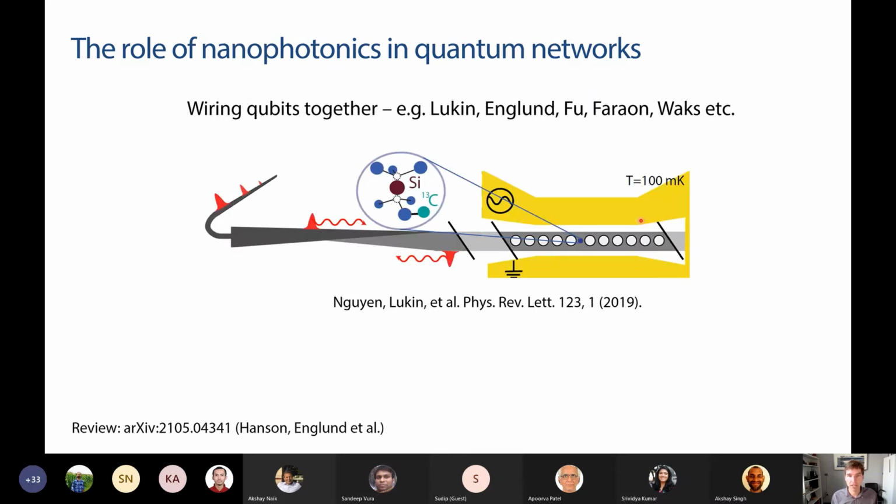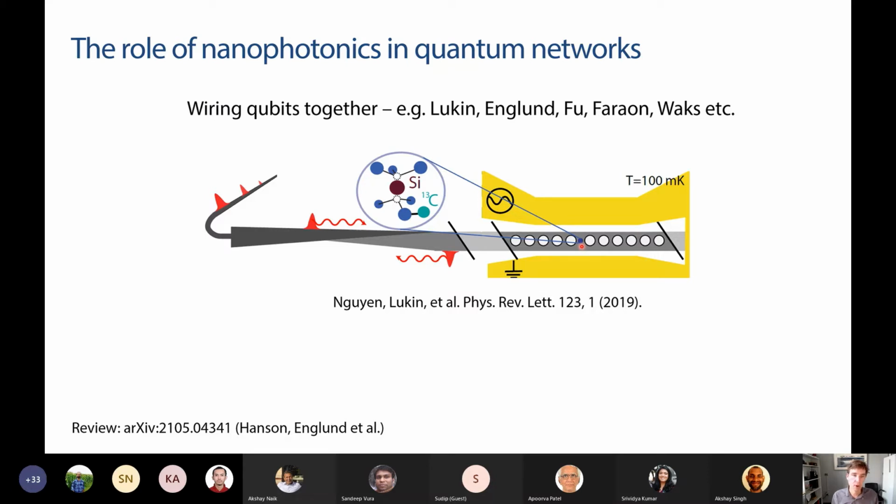So instead of just having one qubit connected to another qubit far away, you could imagine many of them entangled on a single chip. Or even more simply, you can imagine using something like a photonic crystal waveguide with the qubit embedded within it as a device that allows you to really efficiently collect photons that are emitted by these qubits.